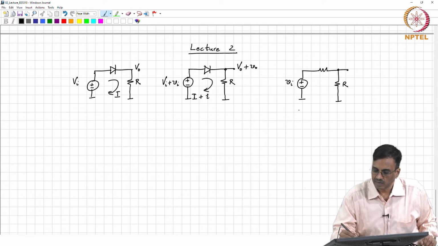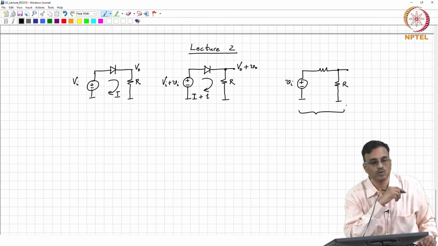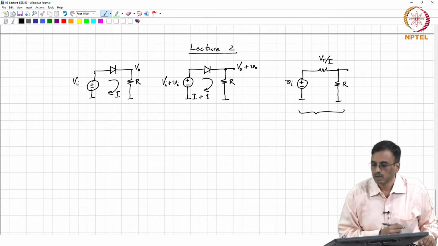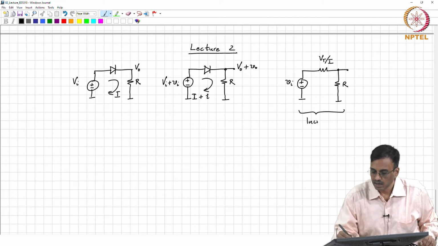Okay. And since this represents only incremental quantities, this is called the incremental network.